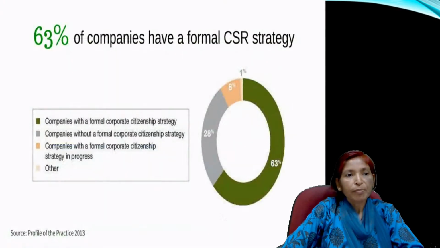Next is that 63% of companies have a formal CSR strategy. 63% of companies are performing with a formal corporate citizenship strategy, 8% of companies have a formal corporate citizenship strategy in progress, 28% of companies are without a formal corporate citizenship strategy, and only 1% is related to others who are not in these three categories.